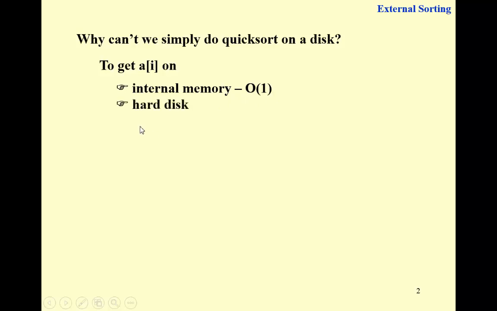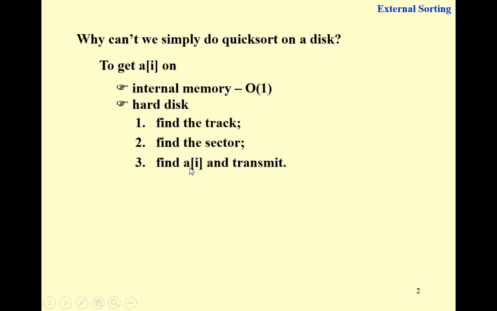But if it is on a hard disk, we're going to have to spin the disk to first find the track and then find the sector and finally find this element A of i and transmit. And it's not only very slow but also device dependent.